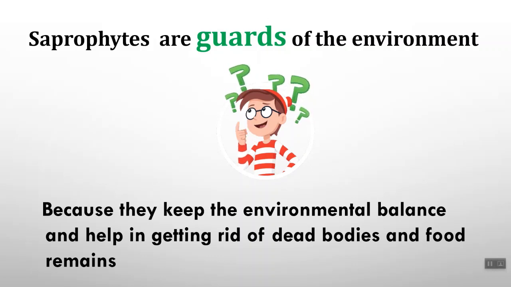If we don't have the saprophytes or the decomposers, the dead bodies and the food remains will cover the land, or will cover the earth. So the saprophytes or the decomposers are guards of the environment.